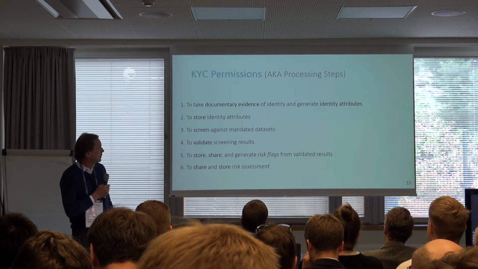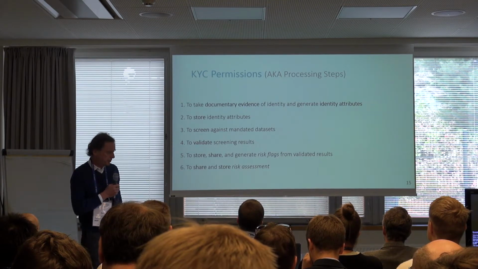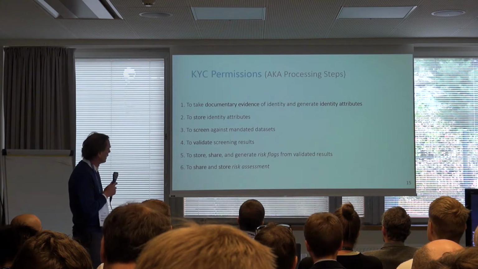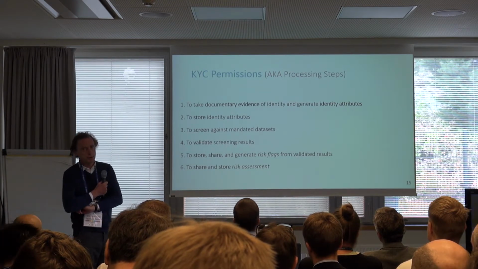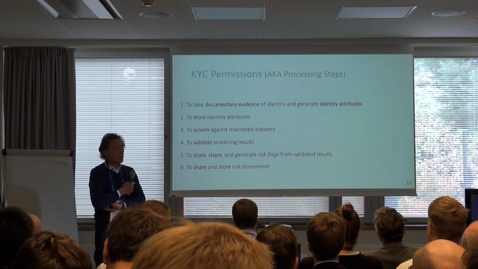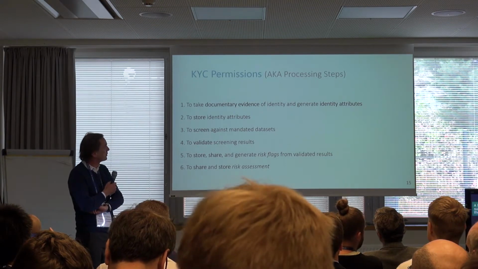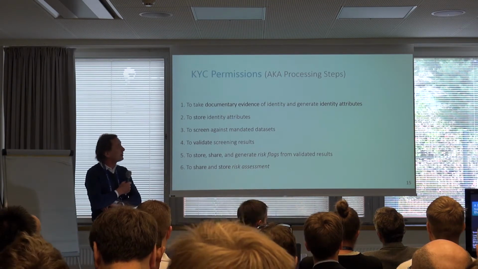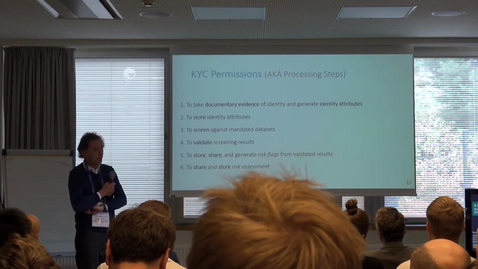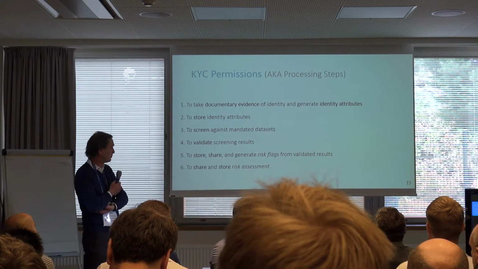So this is a look at the Thomson Reuters use case, and it looks as if we need 6 permissions to do a Know Your Customer check. The first piece of processing we would do would be to take documentary evidence, identity, and generate identity attributes, name, date of birth, such things.